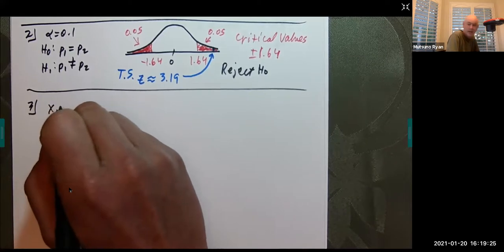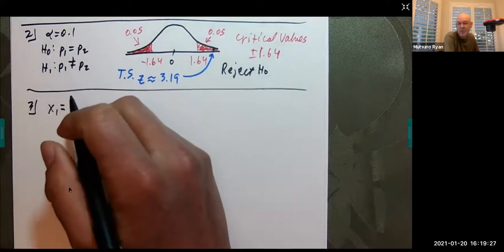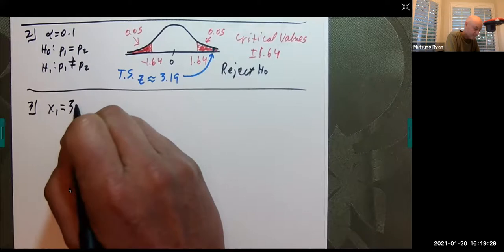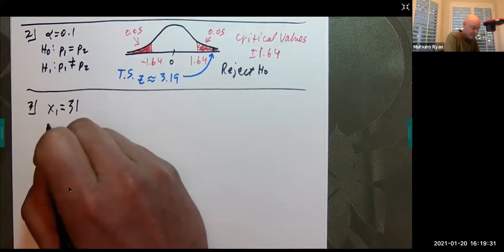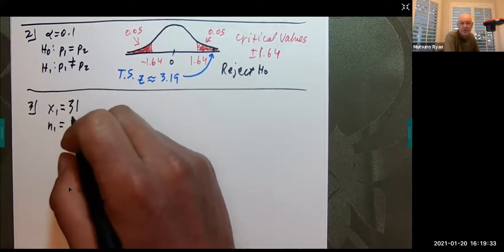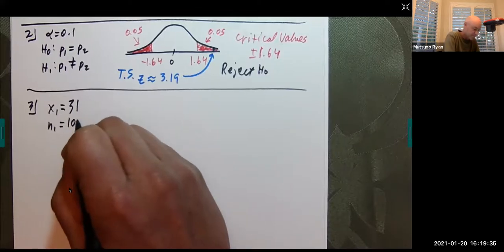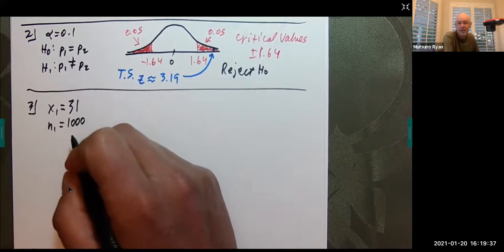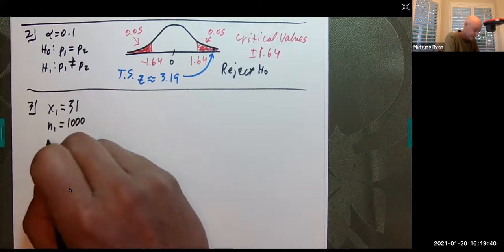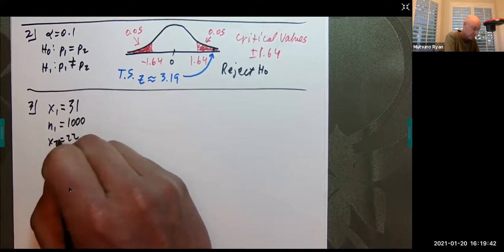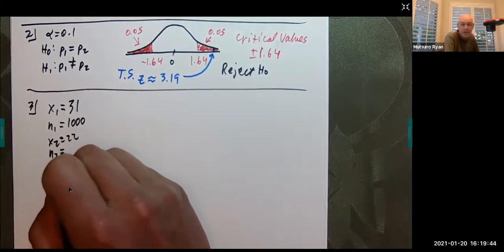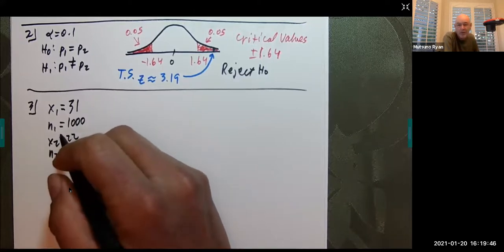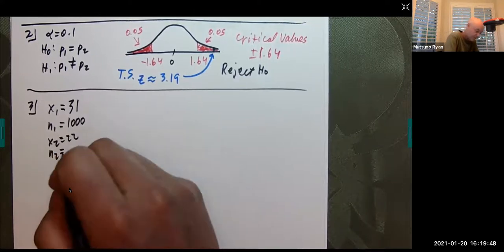X sub 1 is 31. N sub 1 is 1,000. X sub 2 is 22. N sub 2 is 1,200.